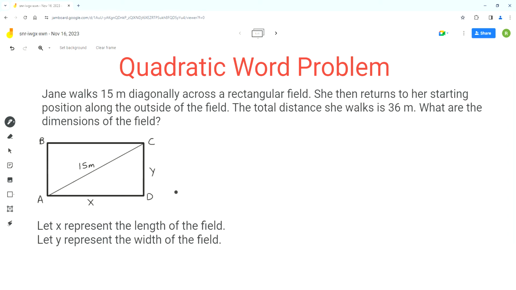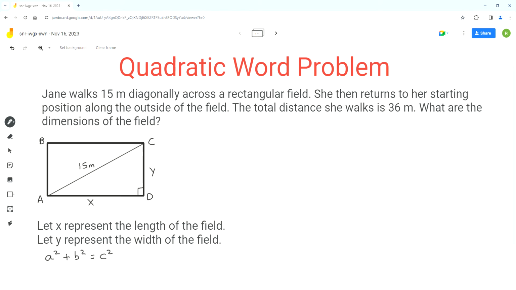As we know, in a rectangle the corner angles are right angles. That means the triangle ACD is a right angle triangle, and this 15-meter side represents the hypotenuse of this right angle triangle. So our first step is to use the Pythagorean equation to write an equation for this problem. The Pythagorean theorem equation is a squared plus b squared equals c squared.